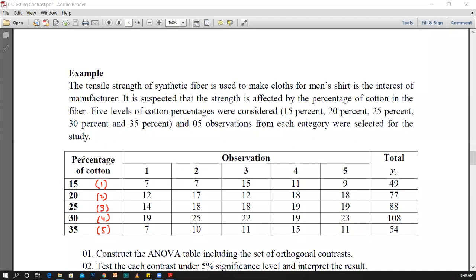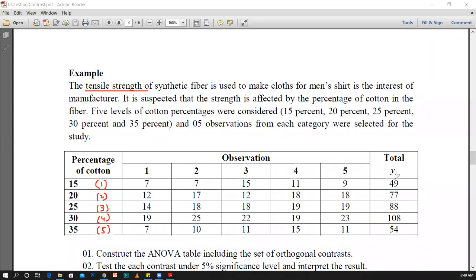Based on the percentage of cotton, they have identified 5 fabrics, and from each fabric they considered 5 units and measured the tensile strength. Therefore, each fabric has 5 observations for the tensile strength, and they have given us the treatment totals.